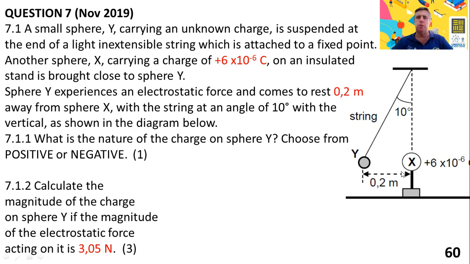Sphere Y experiences an electrostatic force, which must be repulsion because they're not attracting each other, comes to rest 0.2 meters away from sphere X, the string with an angle of 10 degrees as shown in the diagram below. Now you do need to read the question, but it takes a long time to read it. And all that information is actually summarized in the drawing. So once you've read it once, just look at the drawing.